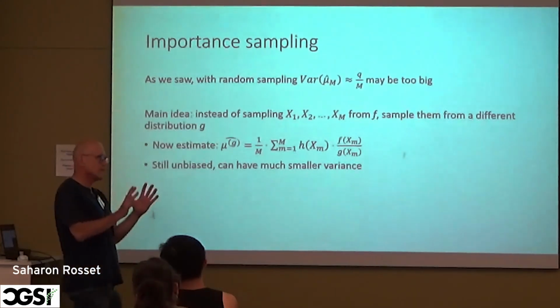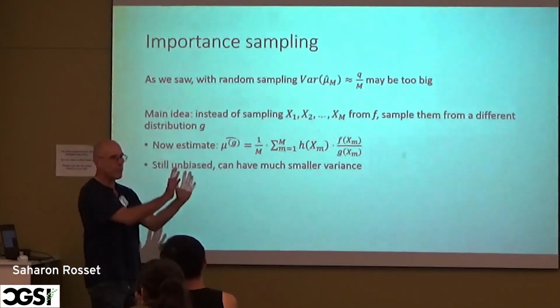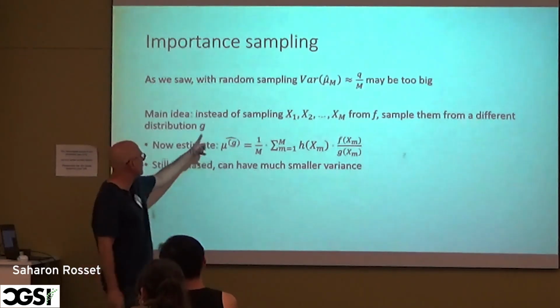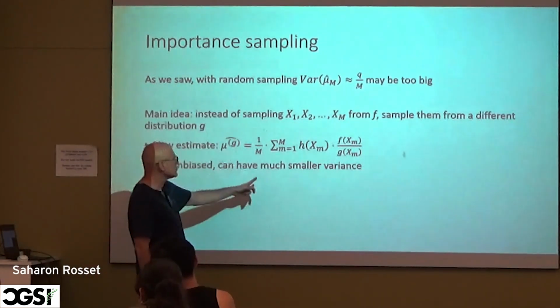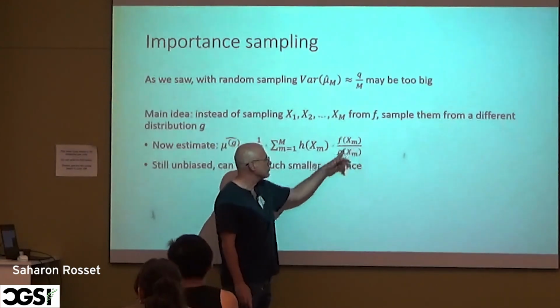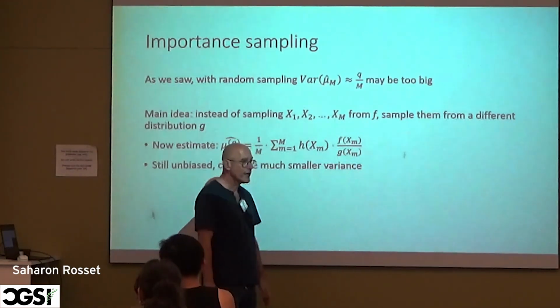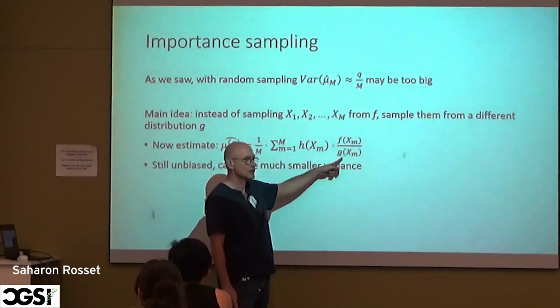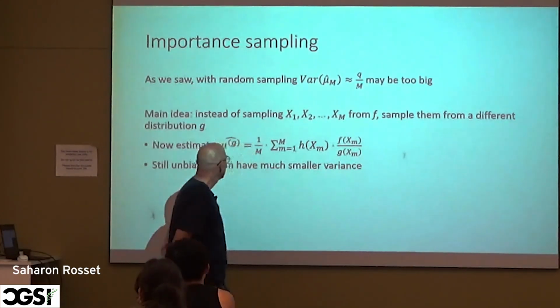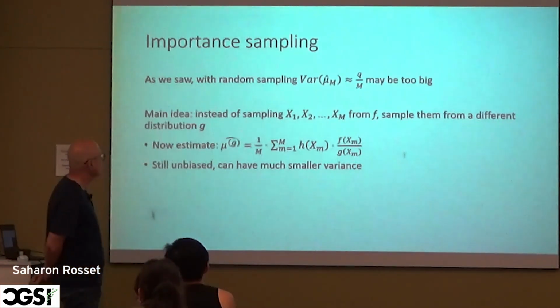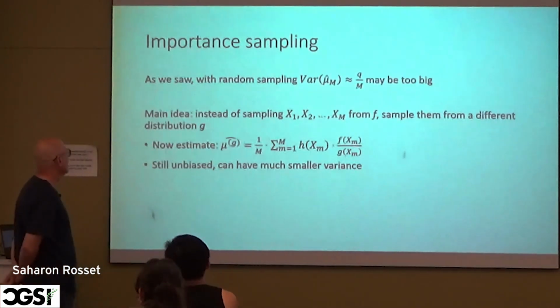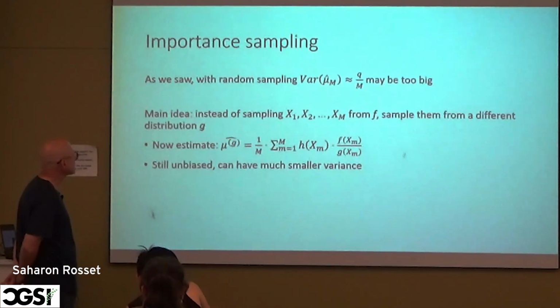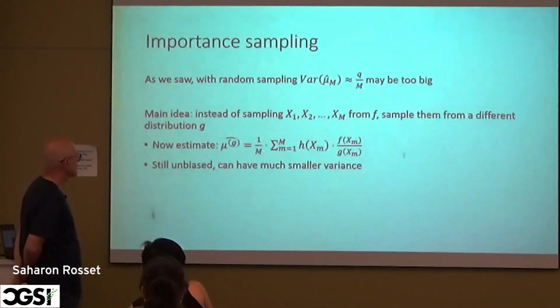We are still interested in the expected value relative to F. Our problem is the same problem, but now we're sampling from a different distribution. So now in our estimate, it's easy to prove that we have to weight by this ratio of the distribution we want to the distribution we actually sampled from. So we can estimate based on sampling from a different distribution G.